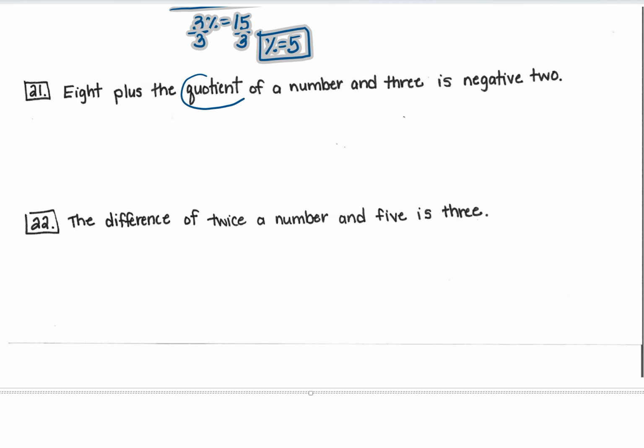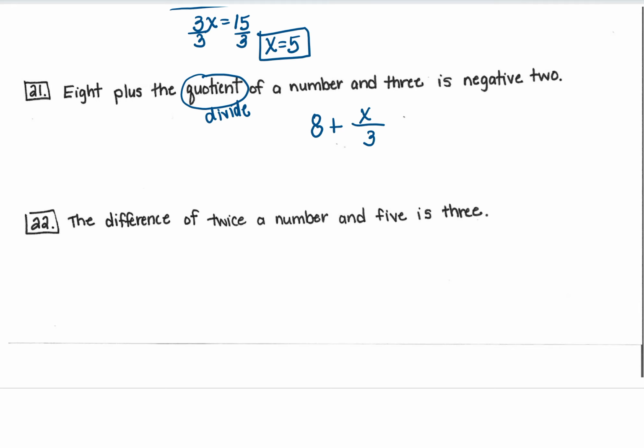All right, let's think about quotient. Quotient means to divide. So it says I have 8 plus the quotient, or things divided, which is a number and 3, is negative 2.